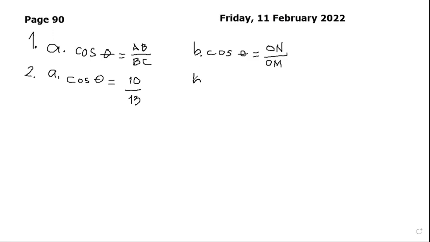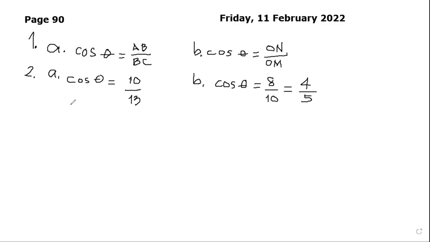Letter B. Cosine of theta equals 8 over 10, which equals 4 over 5. All right, so that is correct.